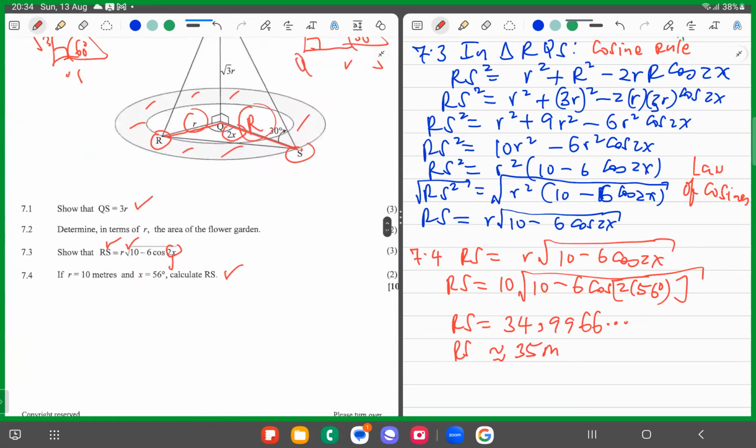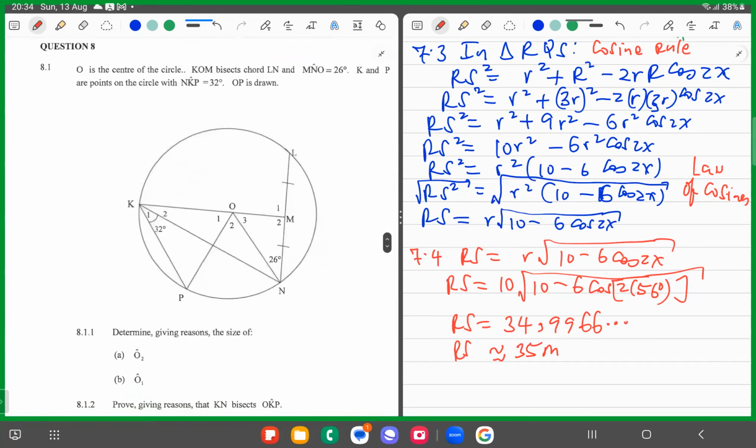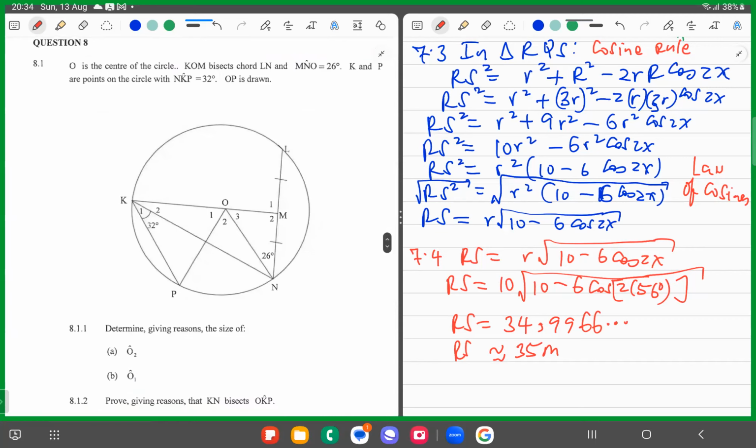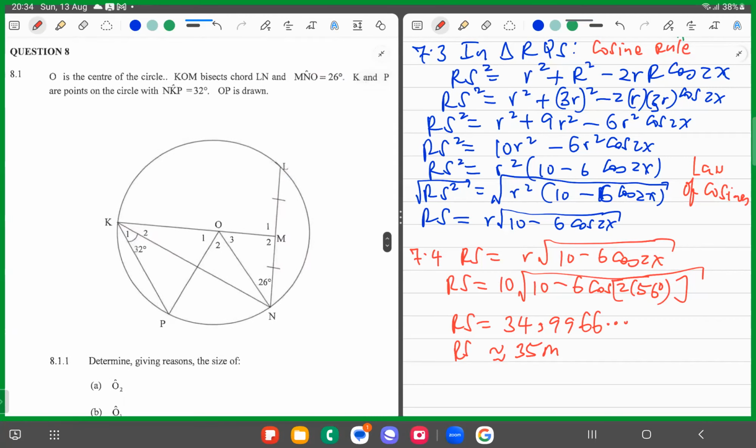Right, so the next thing, we proceed to look at question 8. Question 8 is about, right, O is the center of the circle, and KOM bisects LN. So you have KOM, it bisects LN.